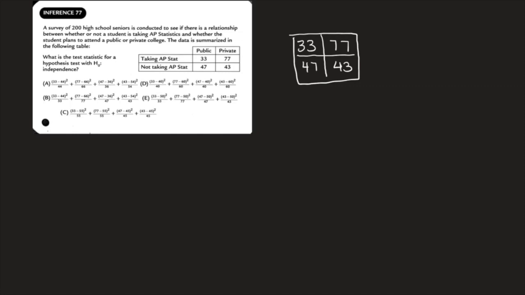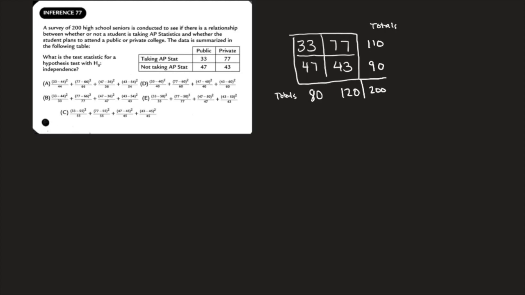I can use the row total times the column total divided by the table total to get each of the individual expected values. But because they've given us a matrix, it's going to be a whole lot easier if we just look at matrix A, run my chi-squared test, and come back with looking at matrix B, and then plug it into the formula.